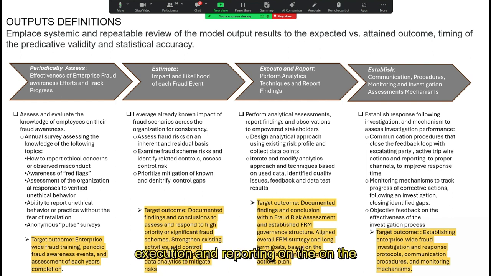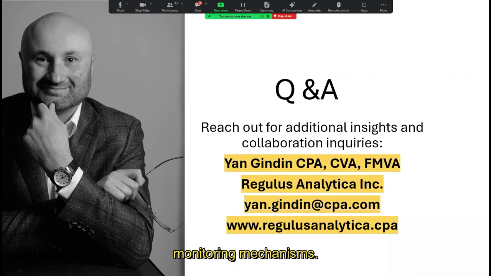Execution and report of the analytics, and the target outcome would be to document findings and conclusions within the fraud risk assessments and establish the fraud risk governance structure, and to establish communication and procedure pathways, with the target outcome to ensure and establish enterprise-wide fraud response protocols, communication, and monitoring mechanisms.